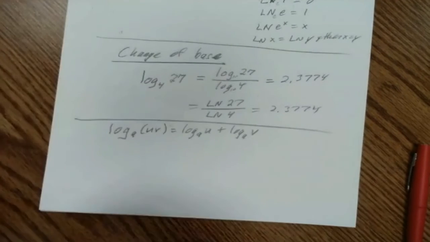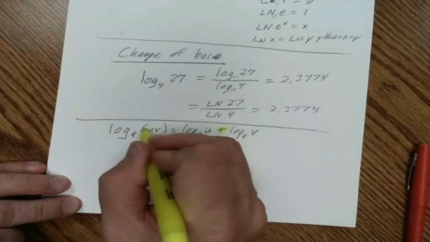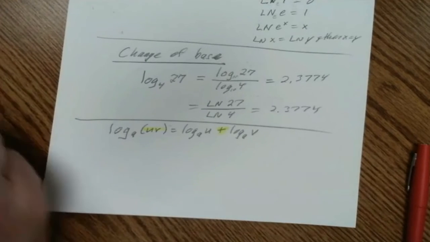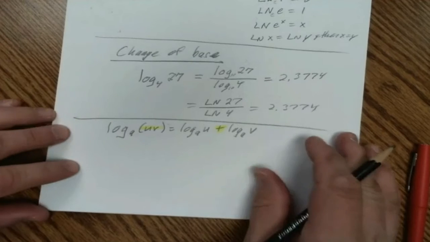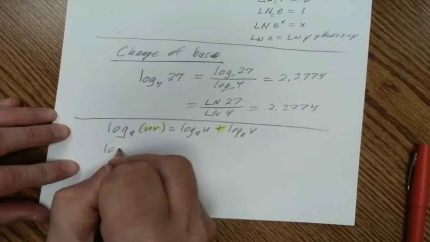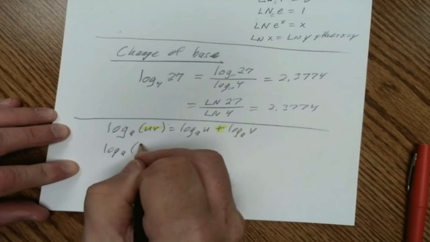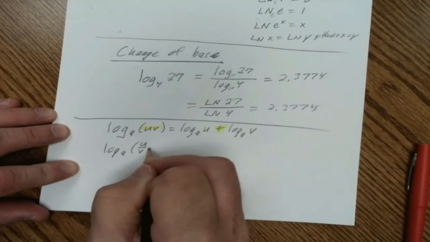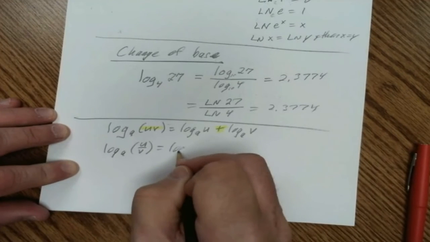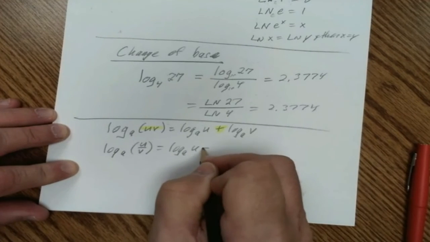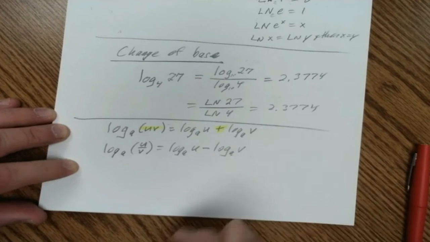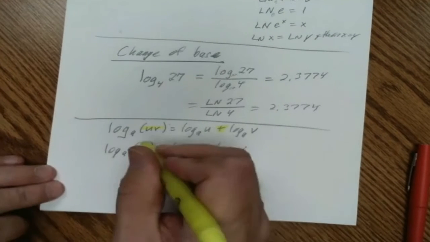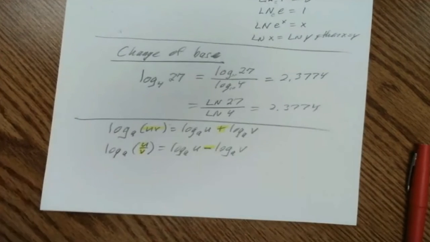When these are being multiplied, we take the log individually and we add them together. If we have log base a of u divided by v, then we have log base a of u minus log base a of v. So when we divide, we're subtracting.